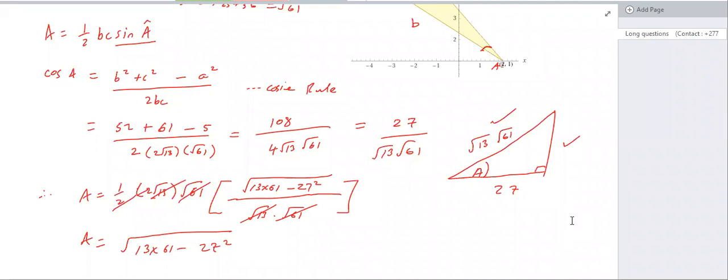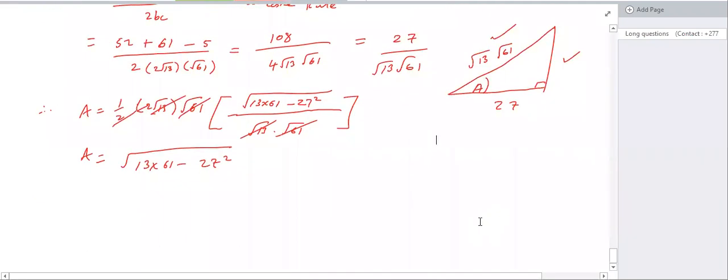So 13 times 61, let's work it out on the side. 13 times 60 plus 13: 13 times 6 is 78, 780 plus 13, we should get 793.